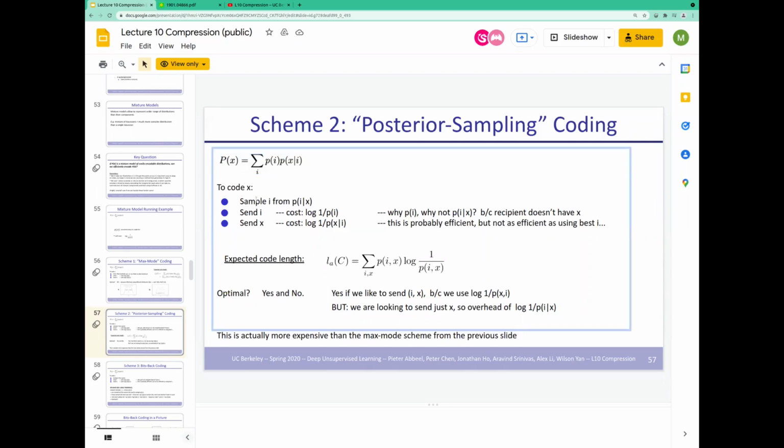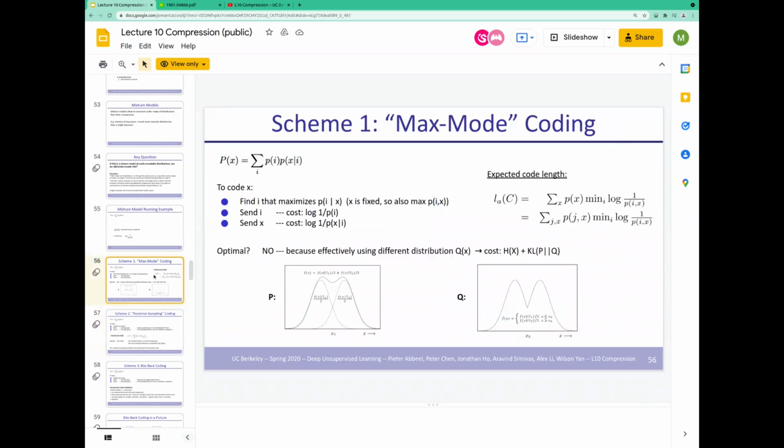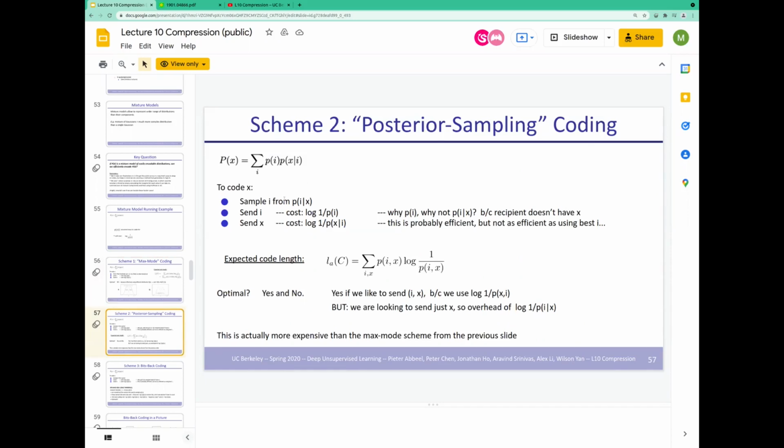The only difference is that in the previous one we maximized pi of x. Here we just sample one of them, just take any one. You can just randomly sample one. So we have to send i, and then we have to send x, just like last time.